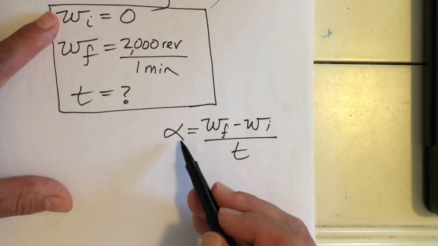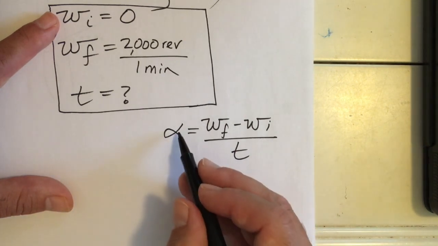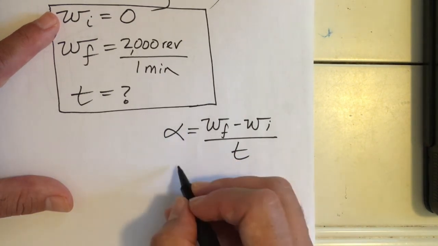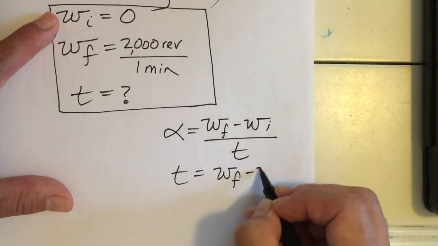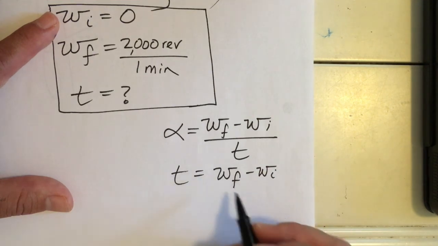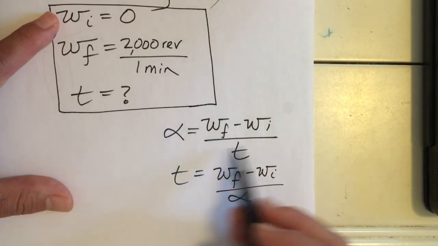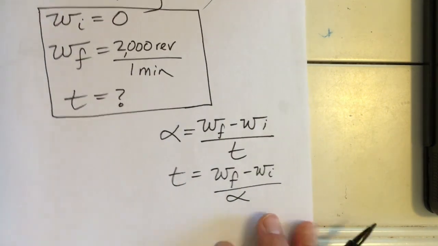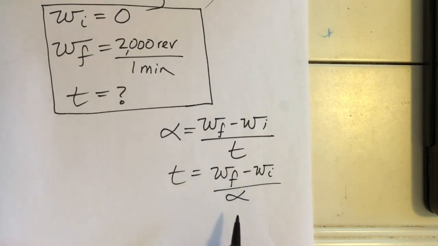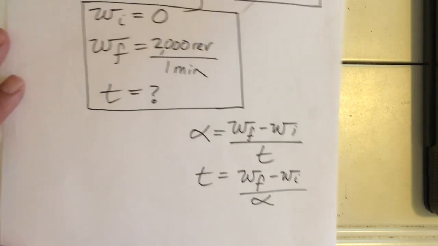That if we can find alpha, we can solve for t because we just rearrange, right? This goes here, this goes there. Just do the algebra. If that doesn't make sense to you, write that out and solve that, and make sure you're convinced that this is the same as this, all right? And so we just need omega f, omega i, and alpha. All right, well, you can kind of see where we're going, right?